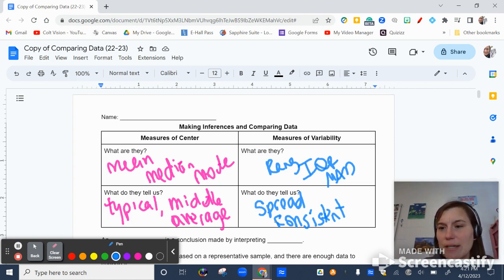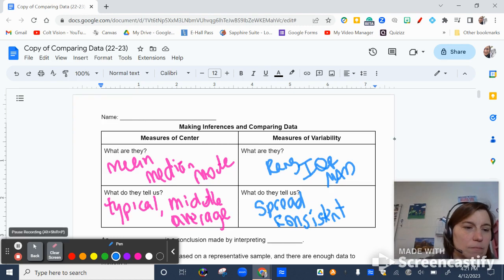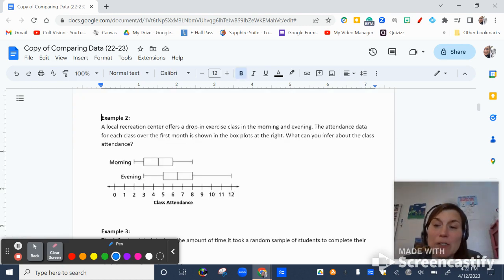And when we look at that other data down there, we notice that the data kind of clusters from 7 to 9, and then it ranges about 7 hours. So there's some variability in this, kind of spread out, but the middle center is very clustered together. So that's how you make inferences by one set of data.